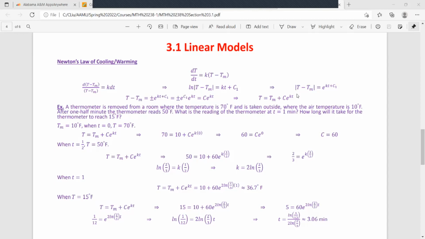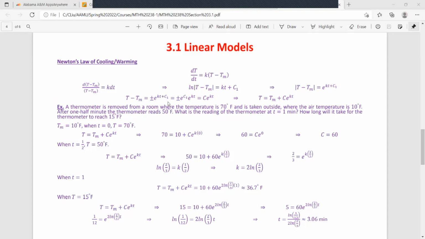Just as usual, we take the exponential with base e or natural exponential on both sides, and we got the absolute value of capital T minus capital Tm equals e to the k small t plus C1, and then this equation turns out to be capital T minus capital Tm equals plus or minus e to the k small t plus C1.